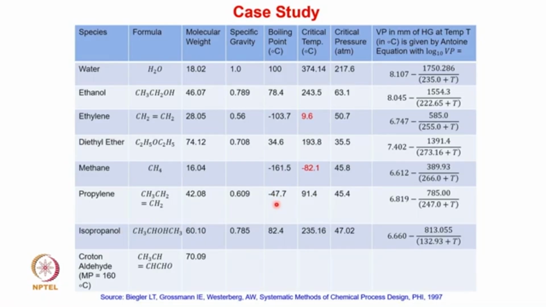So clearly, if you wanted to separate the propylene from the ethylene feed, we have to use a condenser which can liquefy the propylene at minus 47.7 degrees Celsius, and which will cost a huge amount of money. So clearly this is not a viable option.